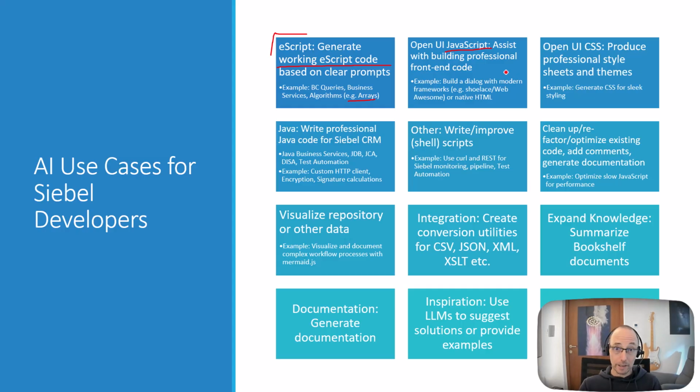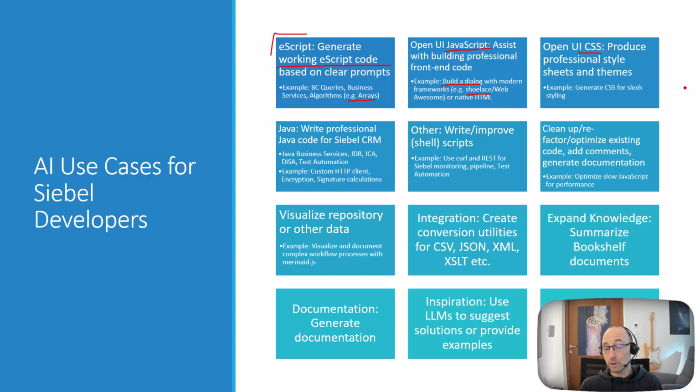But you have to look at the code, of course, which is what the responsible developer does. For example, you will see in the OpenUI chapter how to build a dialogue with a modern framework such as Shoelace or native HTML, and that really provides a powerful UX choice. The same is true for CSS, for style sheets.